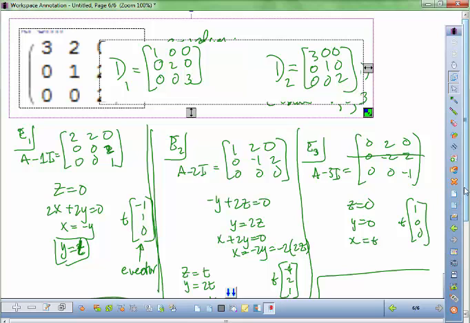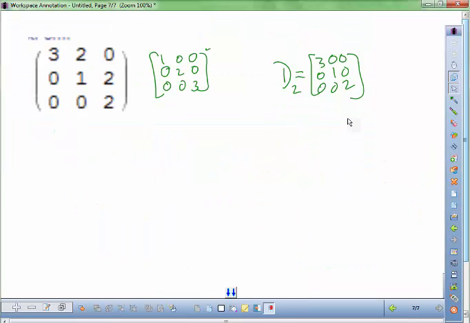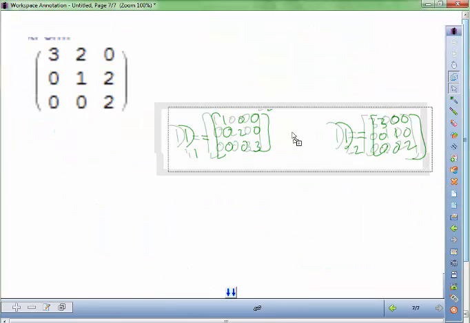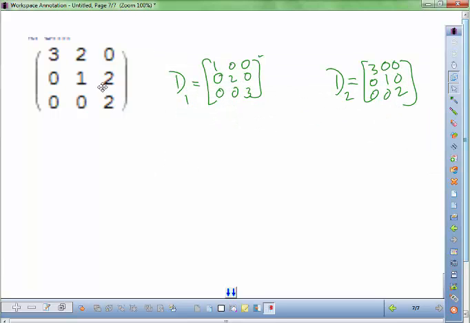If it were diagonalizable, then there's supposed to be a relationship between the matrix A and these 2 matrices, right?